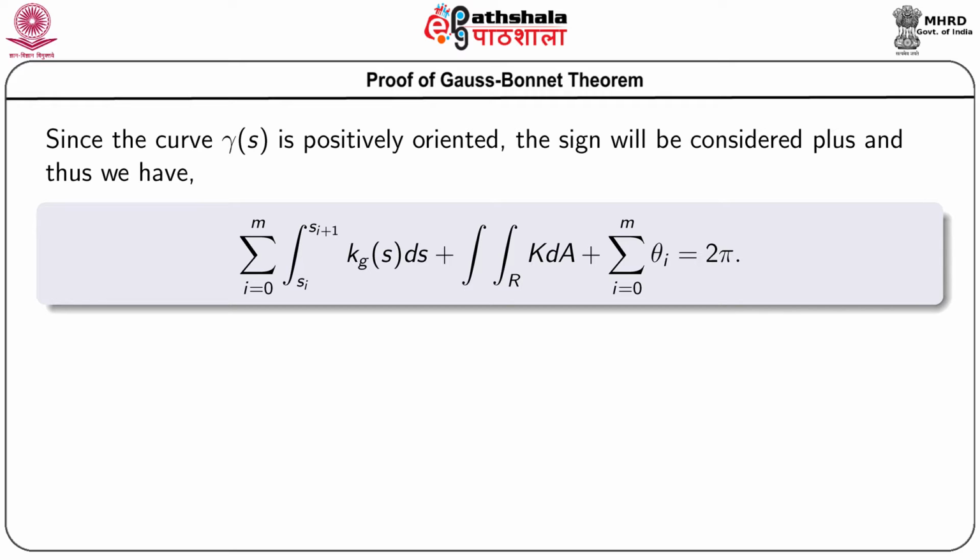Thus, the summation i equal to 0 to m, integration from s_i to s_{i+1} of kappa_g ds, plus the double integration over the region R of K dA, plus the summation i equal to 0 to m of theta_i, equals 2 pi, and hence the theorem follows. So, as gamma s is positively oriented, we are not taking the minus sign, we are taking the plus sign only. So, this is the proof of the Gauss-Bonnet theorem.